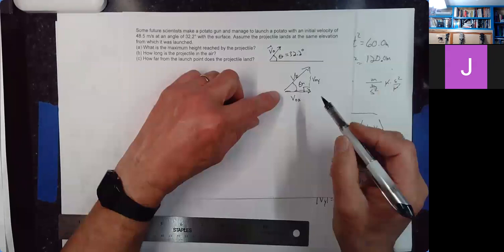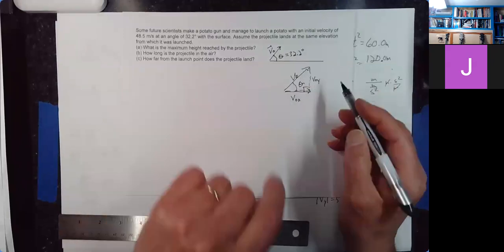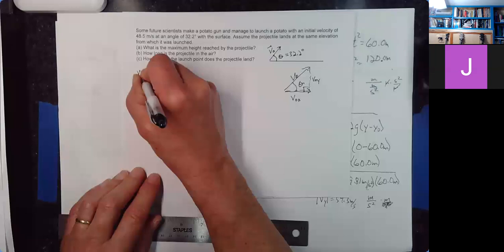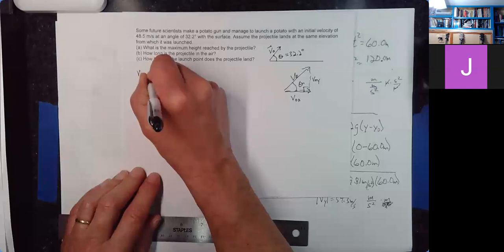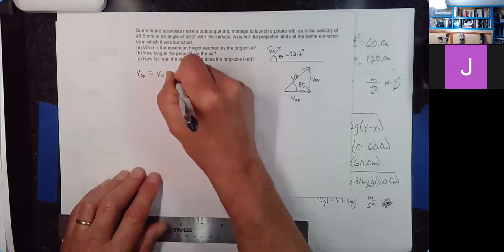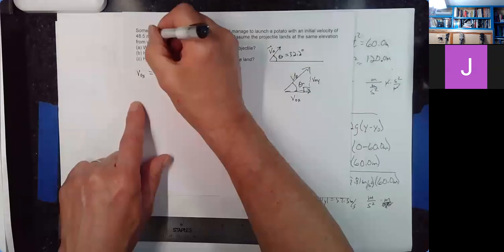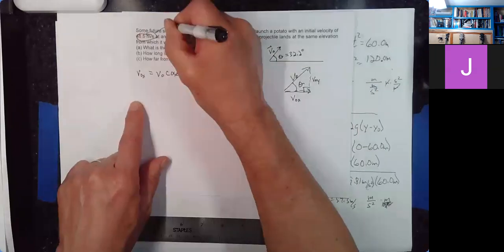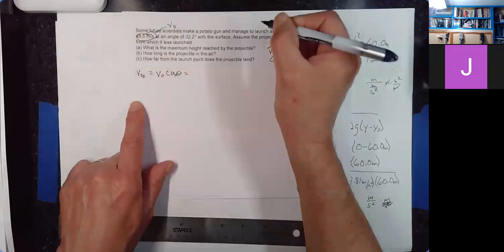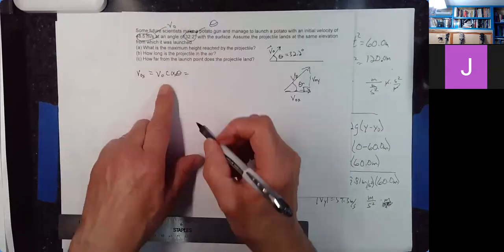So that means V naught X over V naught is the cosine of theta, or V naught X will equal V naught cosine theta. And V naught is that 48.5 meters per second. And this is theta. And so I can just plug those into my calculator.